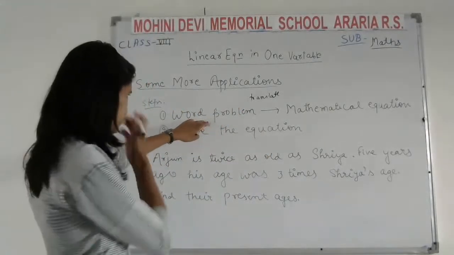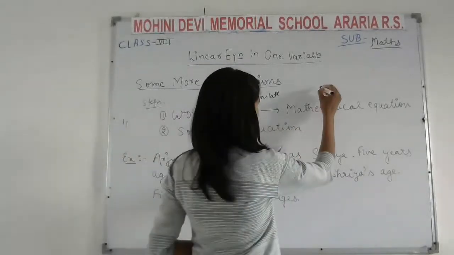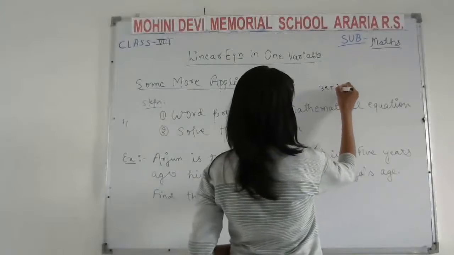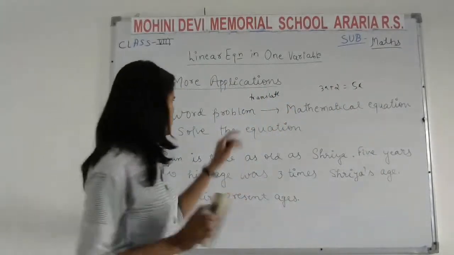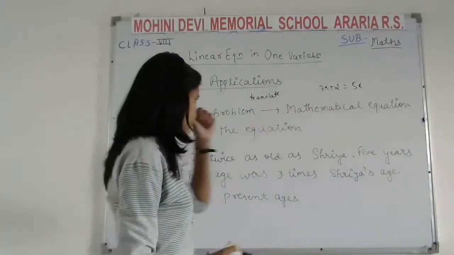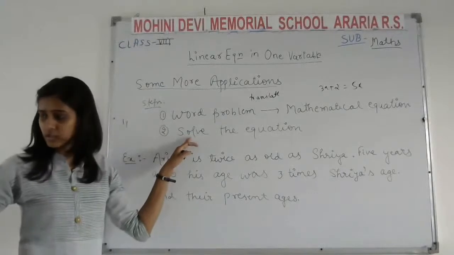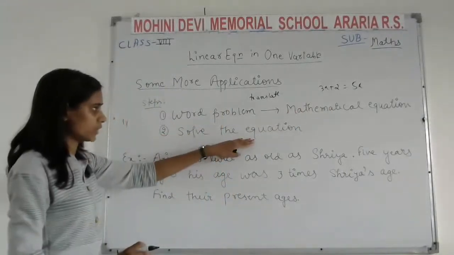Now here you have to translate word problems into a mathematical equation, something like 3x plus 2 is equal to 5x. After that, when you get the equation, you will have to solve it.